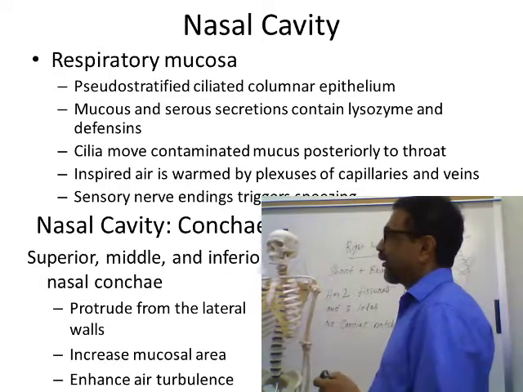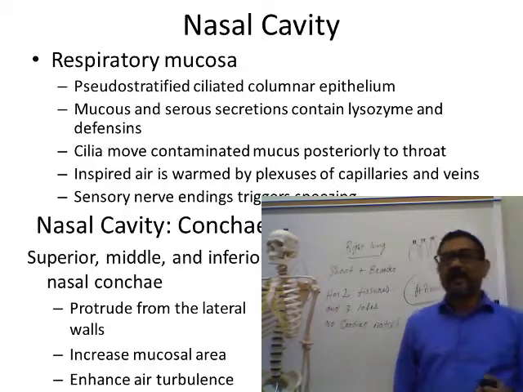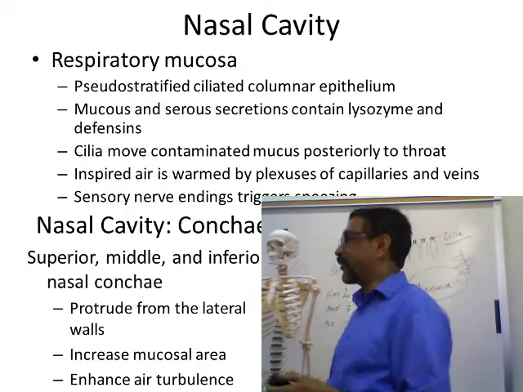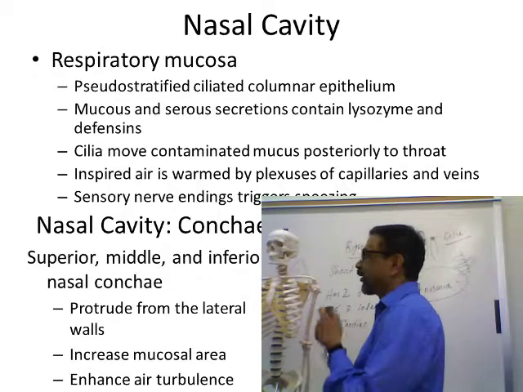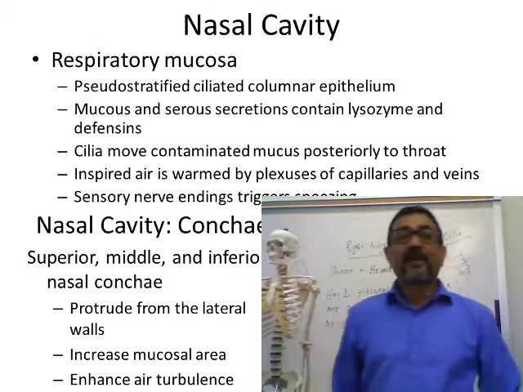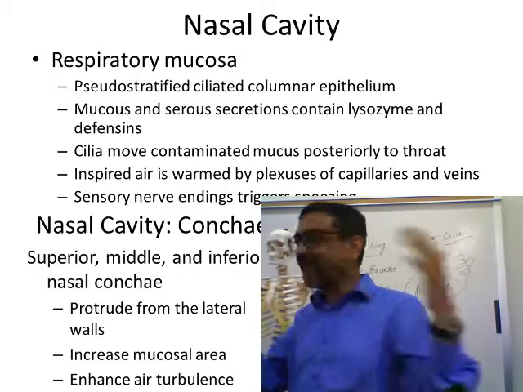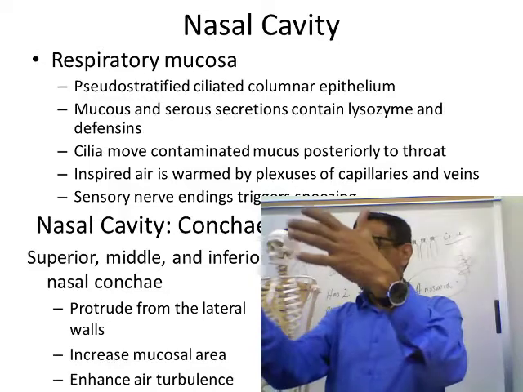In the mucosa, you have plenty of capillaries and nerve plexuses. Now, see two things. You have plenty of capillaries, that means a lot of blood is flowing there. Make sense? More capillaries, more blood flow.